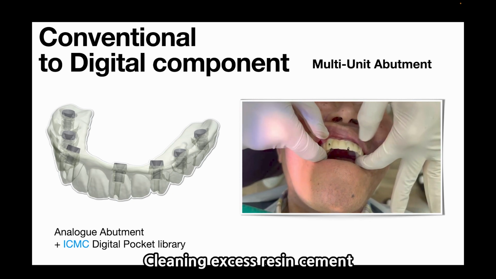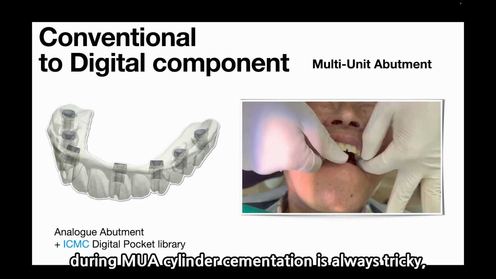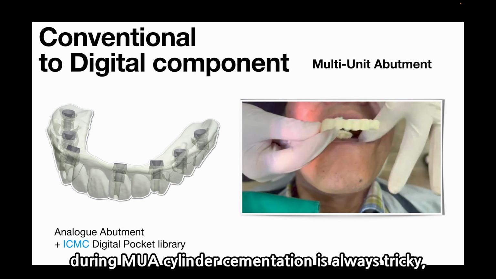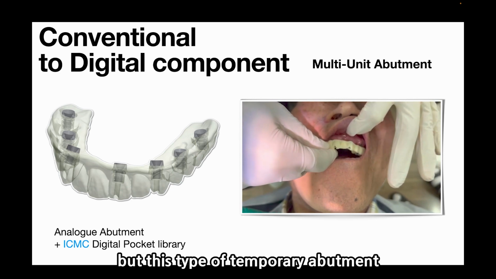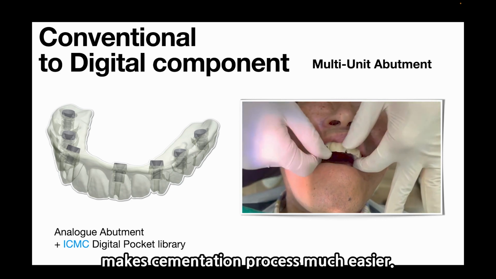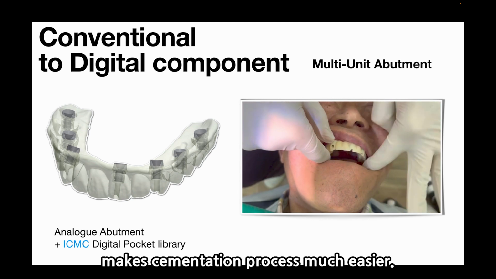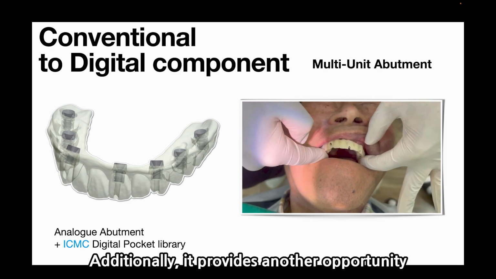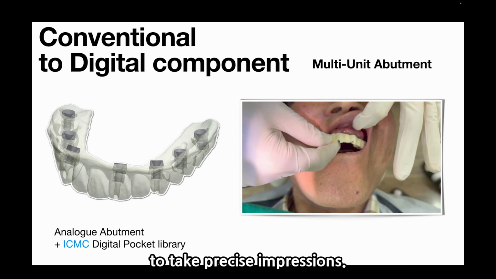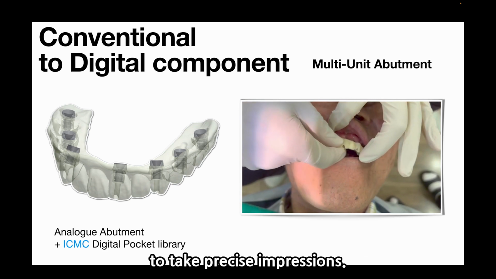Cleaning excess resin cement during MUA cylinder cementation is always tricky, but this type of temporary abutment makes the cementation process much easier. Additionally, it provides another opportunity to take precise impressions.